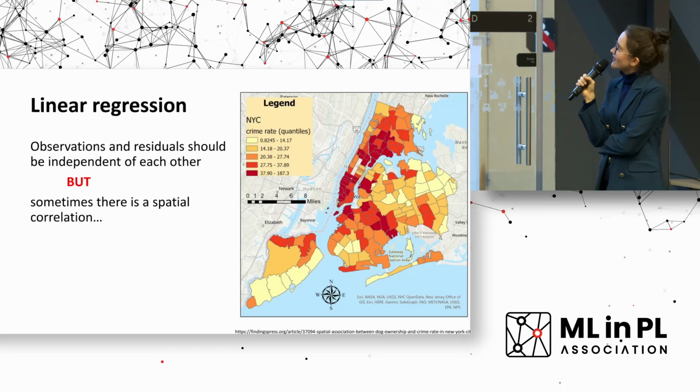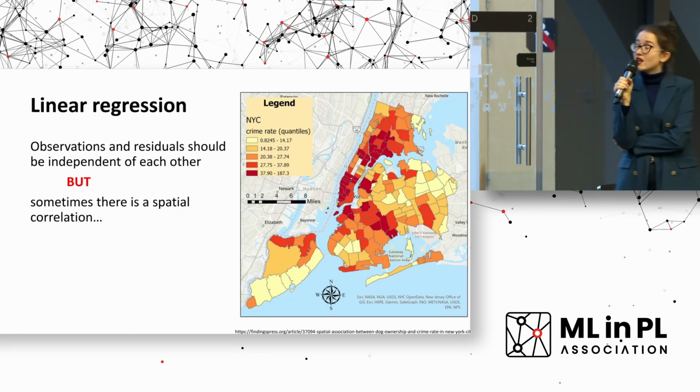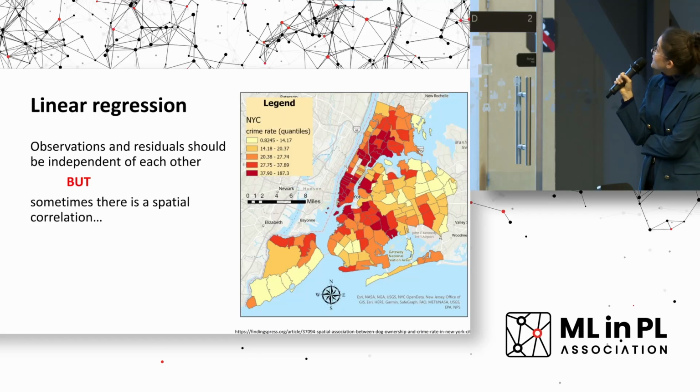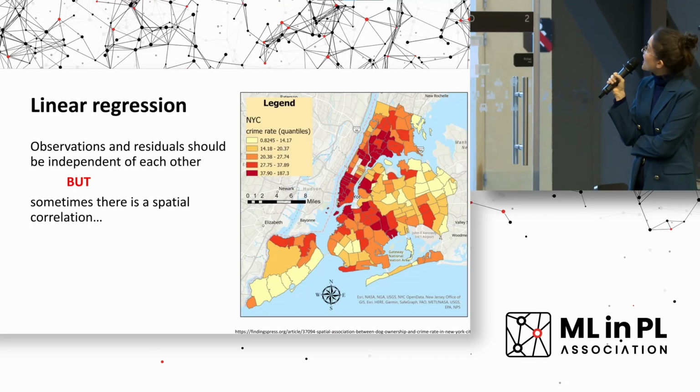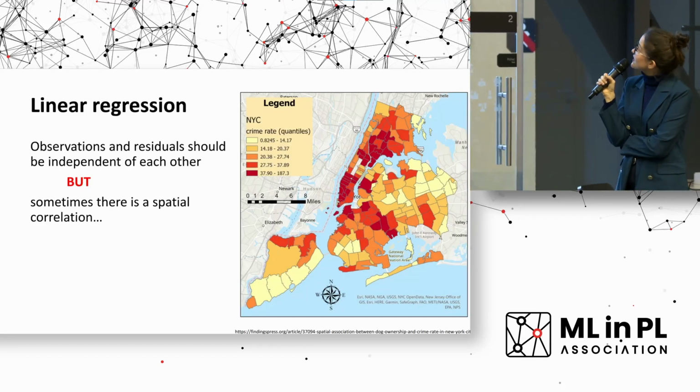It may happen that we have spatial data and there are some spatial correlations between different samples. And here we have an example in this graphic. Here we can see the crime rate in New York City, in different regions of New York City actually. And what we can see is that there are some clusters.